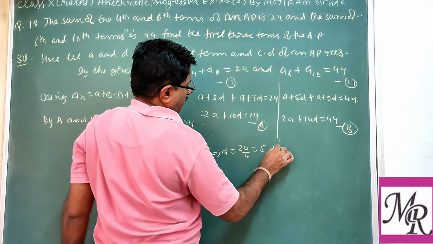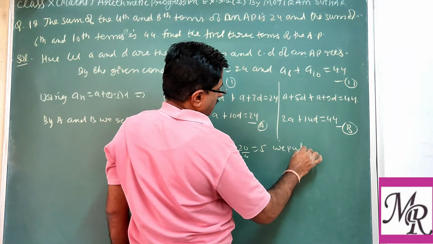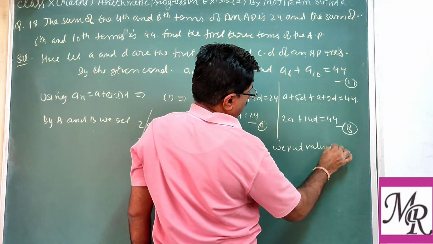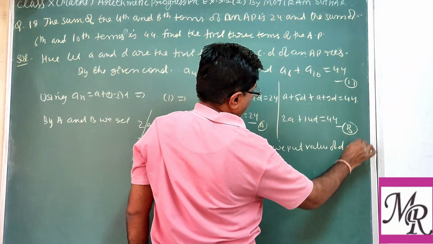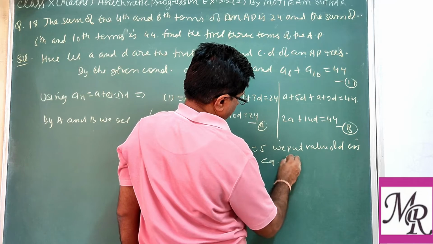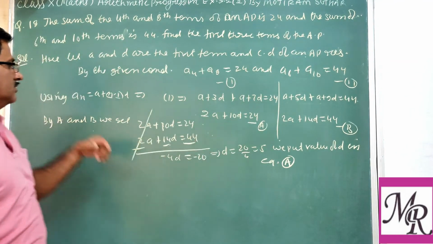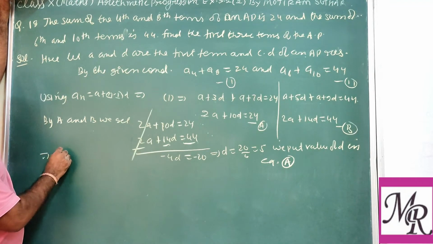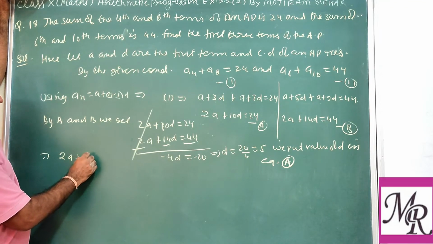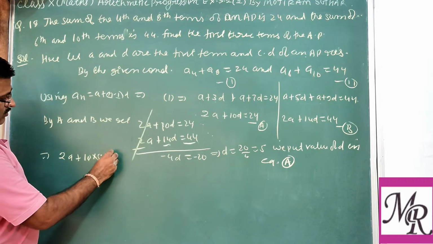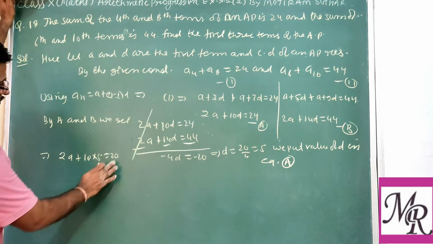So we put the value of d in equation A. This value of d is 5. We put in this. So what we get? 2 into a, 10 into 5 equal to 50, equal to 24.